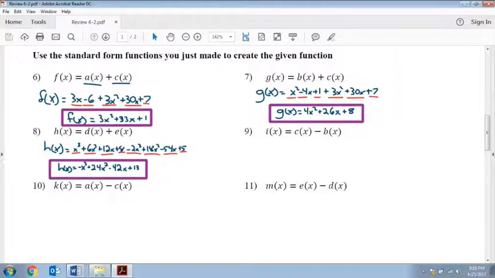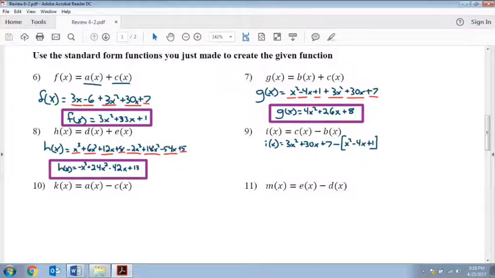Number 9. All right, 9, 10, 11, you're subtracting. So a very similar skill, but remember whatever you're subtracting, we're going to put in brackets, so we know to distribute. So that's c of x, that's 3x squared plus 30x plus 7. We're going to go minus your b of x, which is x squared minus 4x plus 1.